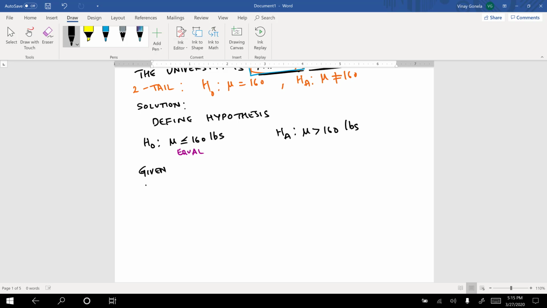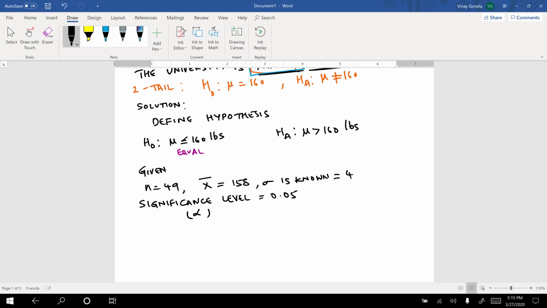So if we sample 49 students and we obtain the mean of that sample as 158, and the standard deviation is known, I think 4, and we want to determine at significance level alpha 0.05, or the other way of saying this is 95% confidence interval. This all will be given.